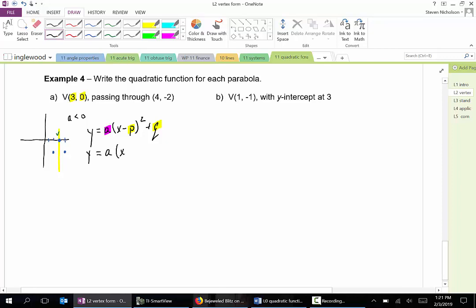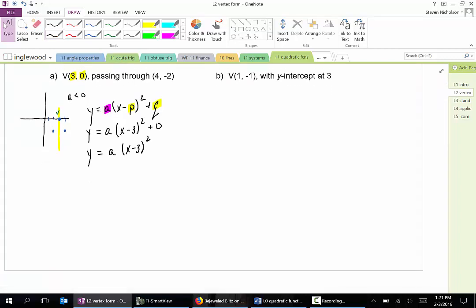I have a times x minus 3 squared plus 0, and you don't really need the 0. So here's what we have. But this looks to be a problem because I need to find a, but I also have an x and a y I don't know.